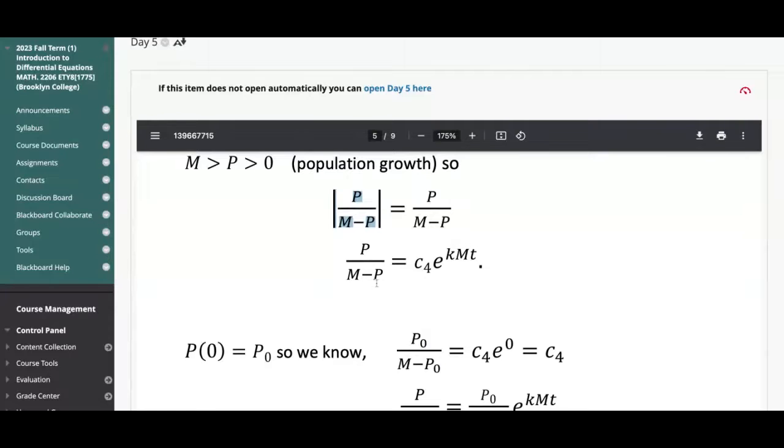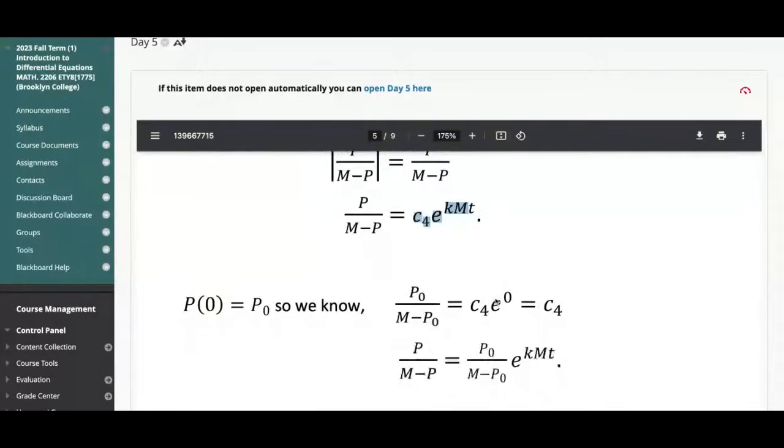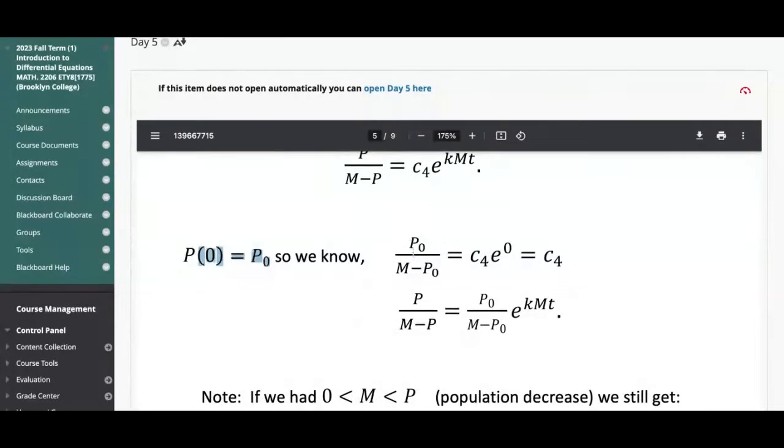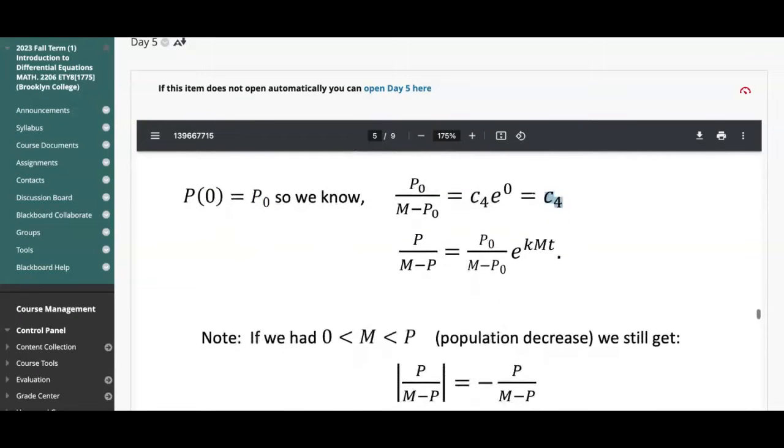So we have p over (m minus p) equals this. We want to use the initial values given. We're just treating this p naught as some number. So what do we have?